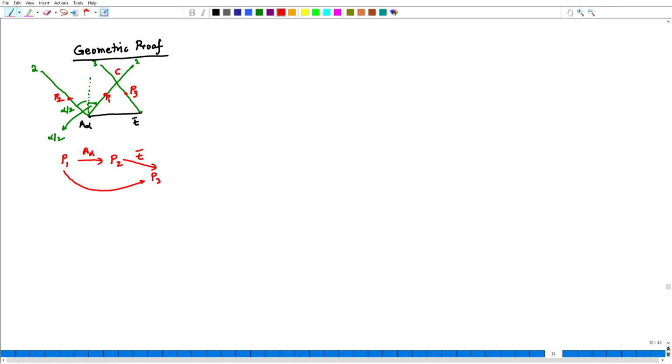When we rotated the line 1 through alpha, this point C would also have moved to C prime, but the translation would bring it back.